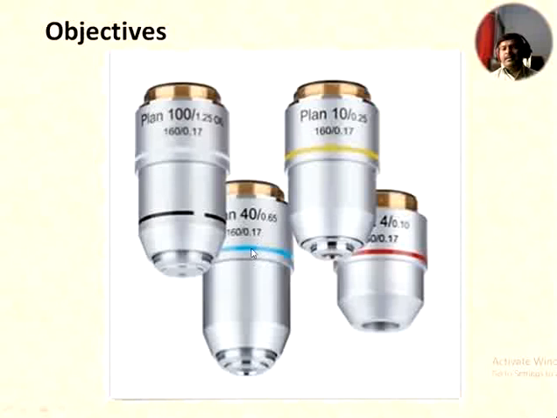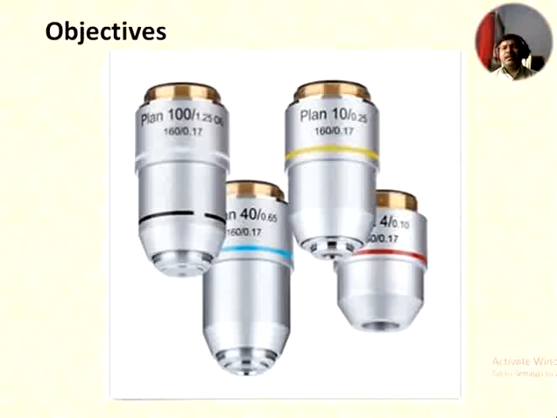Another objective, the 40x or 40 to 45x, is called a high power objective, and it gives a magnification higher than the 10x lens. Now the last one is the 100x.